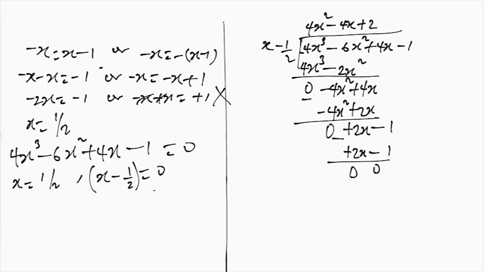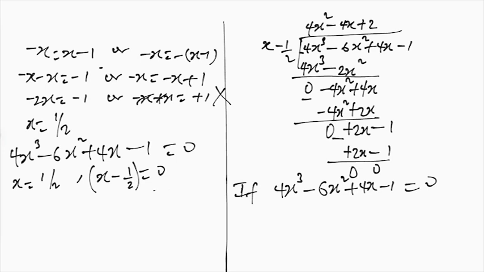Please pay attention to this. 4x cubed minus 6x squared plus 4x minus 1 equals 0.